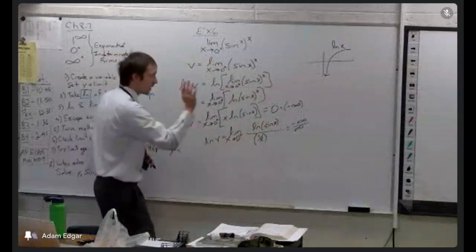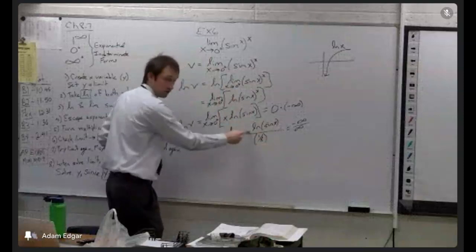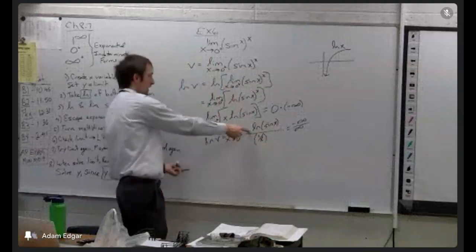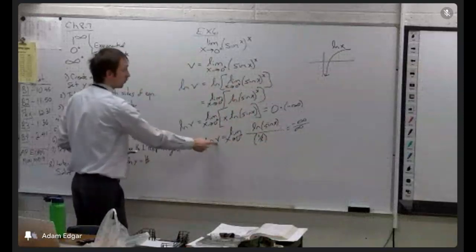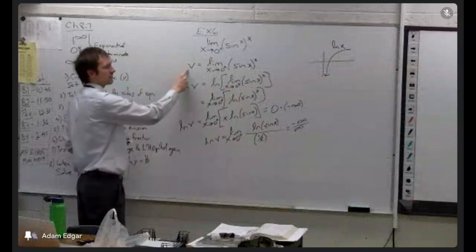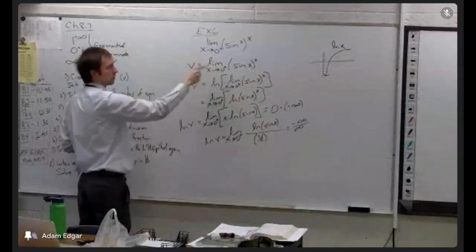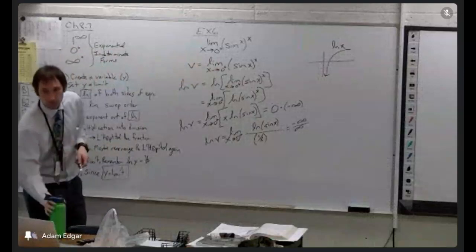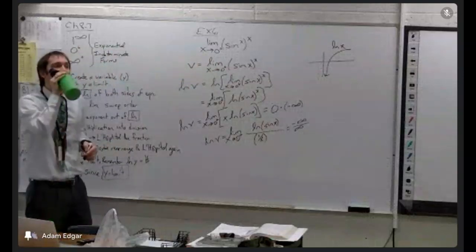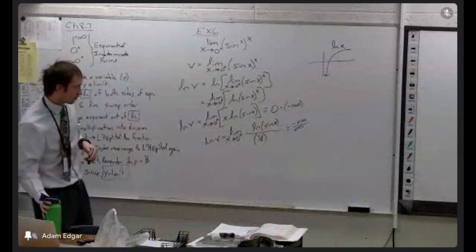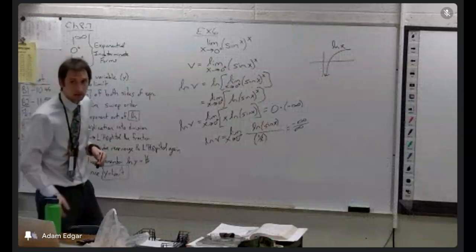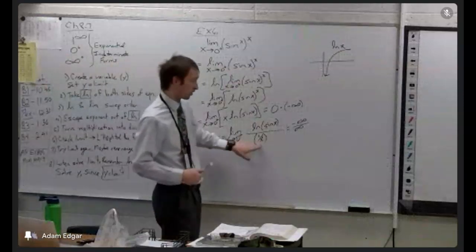And then once you've got the value of this limit involving the natural log, you e it to find the value of v, which is what we really wanted, because that's the value of the actual true limit that we're interested in. Plus infinity, because 1 over 0 gives us a vertical asymptote.